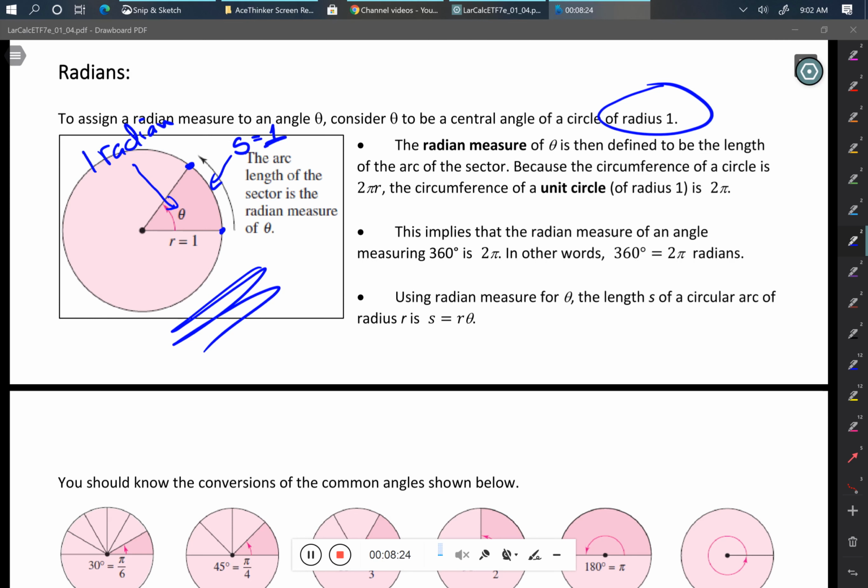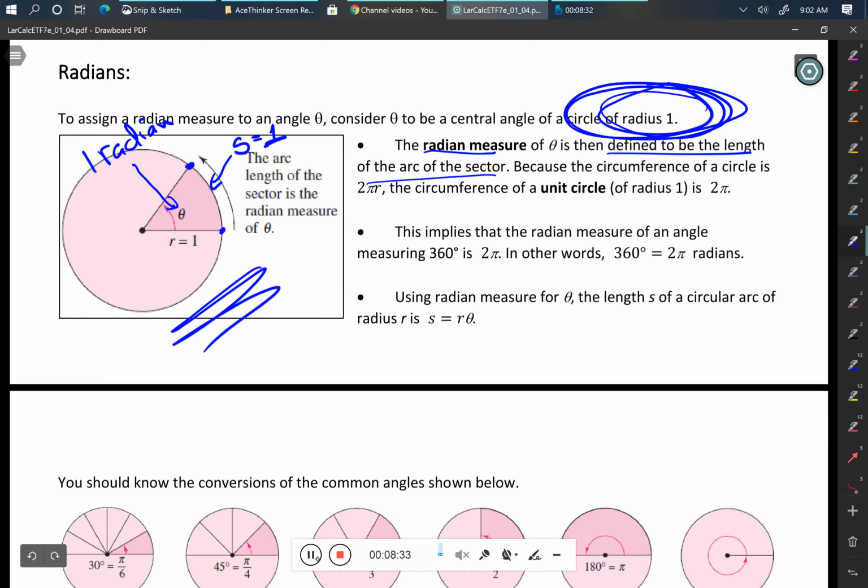Okay, so the radian measure is defined to be the length of the arc of the sector, but only on a circle of radius 1, so we're working with that unit circle. If the circle had a radius of 2, we'd have to have an arc length of 2 before we get to 1 radian. If the circle had a radius of 15, we need to have an arc length of 15 whatevers, feet, inches, miles, yards, until you had 1 radian.